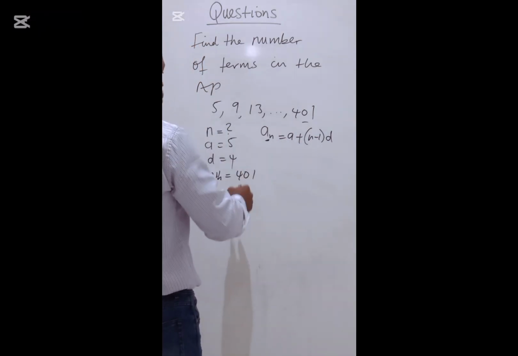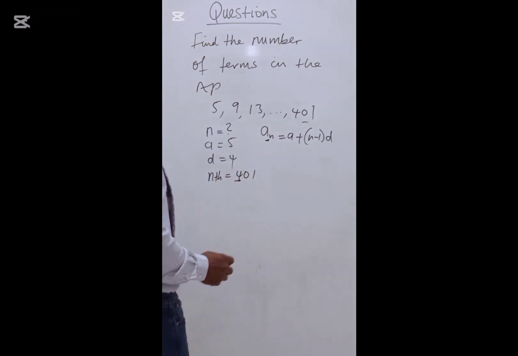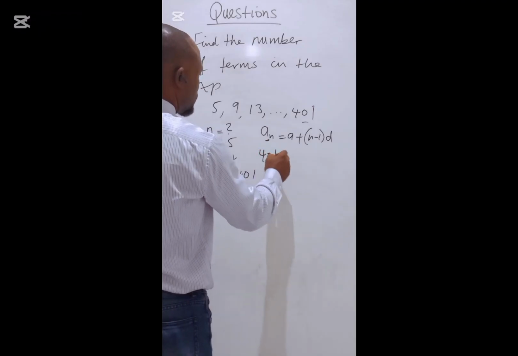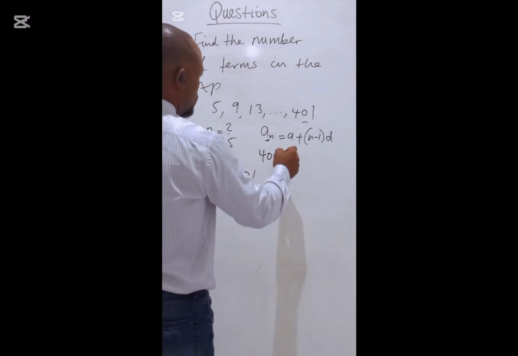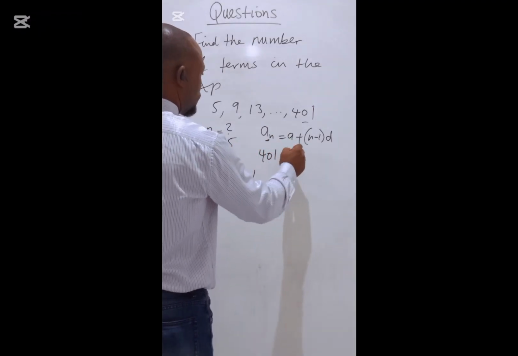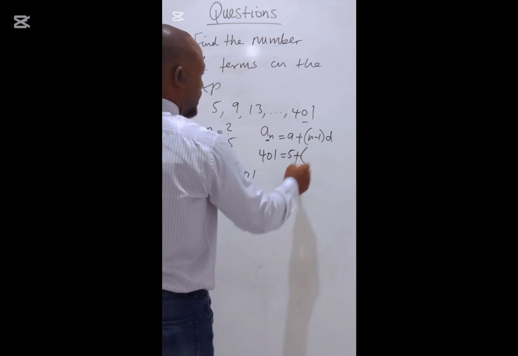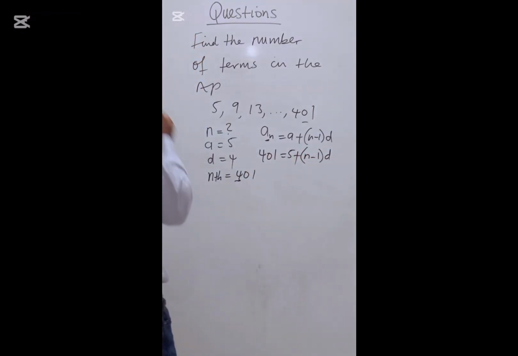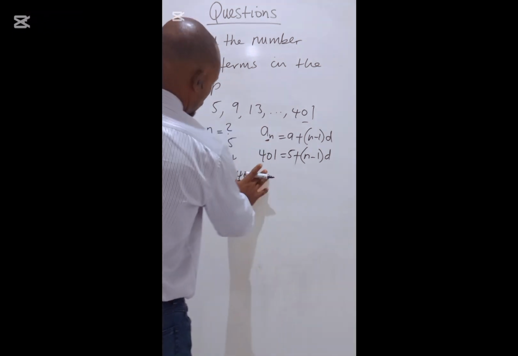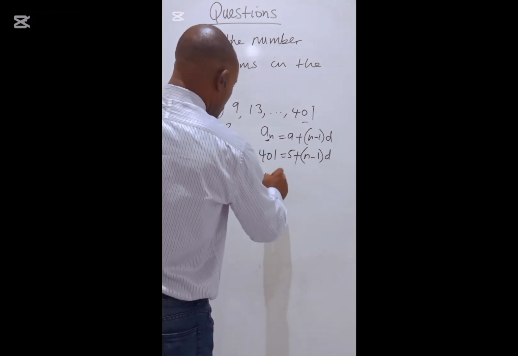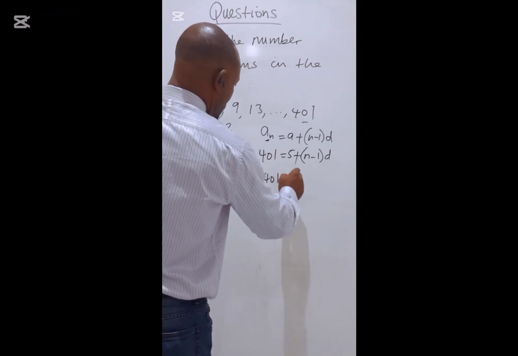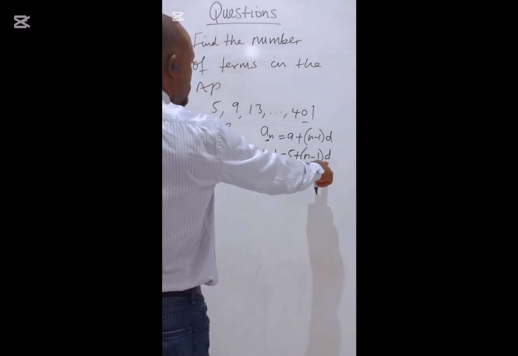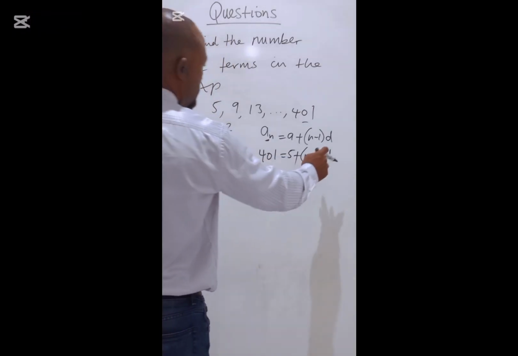An is equal to the nth term, which is 401, plus the first term, which is 5. N minus 1, n is not known. So this is the same thing as 401 is equal to 5 plus common difference, which is 4.